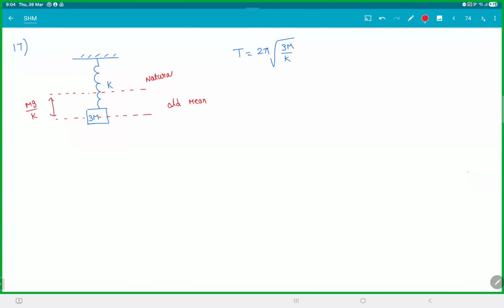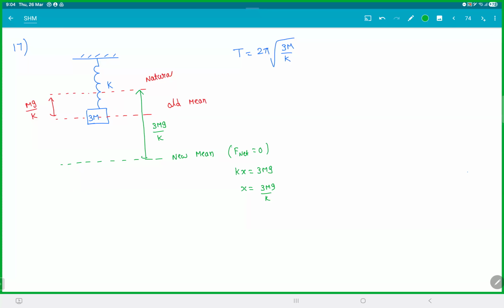Now, when you attach the block, somewhere here will be your new mean position. What is the definition of mean position? F net must be 0. That means kx is equal to 3 mg, so x is equal to 3 mg by k. But remember, this is from the natural length. So this distance here is 3 mg by k.